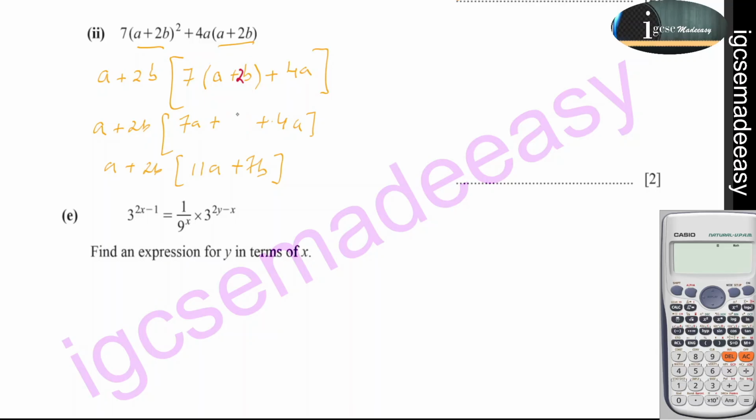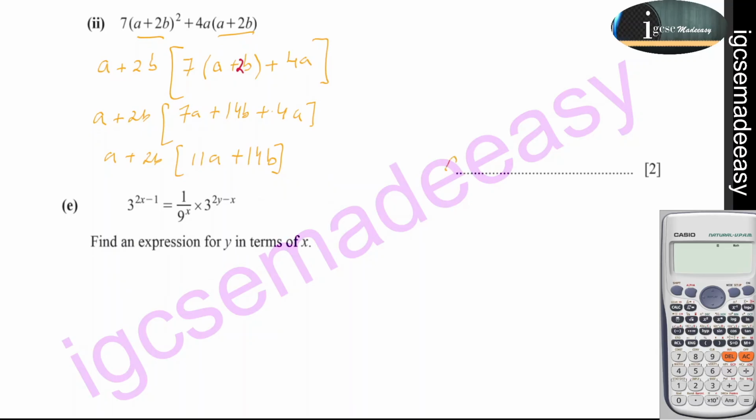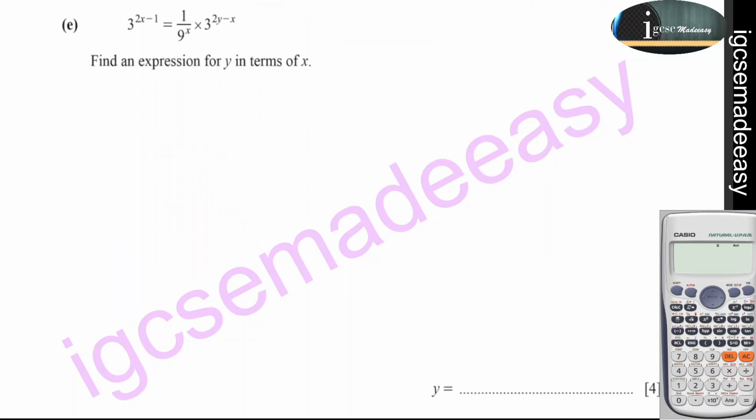Yeah, I'll rub it and write it. So it should be 14b, and the final answer is a plus 2b and 11a plus 14b.